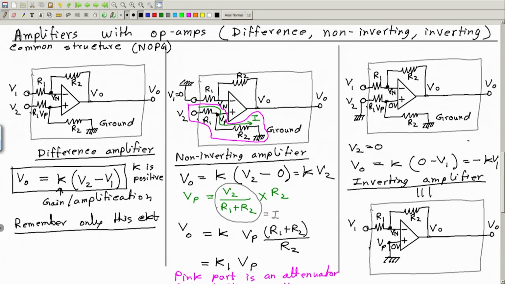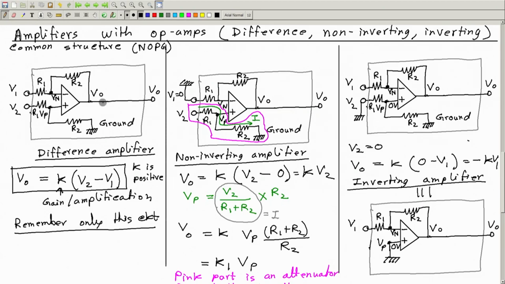Now how to remember this? You just remember only one circuit, the difference amplifier. Remember this rule, NOPG. Draw the op amp, connect the negative terminal to the output, N to output, positive to the ground, P to G, put resistances everywhere, here, here, and also these 2 will be the inputs, put resistances here.